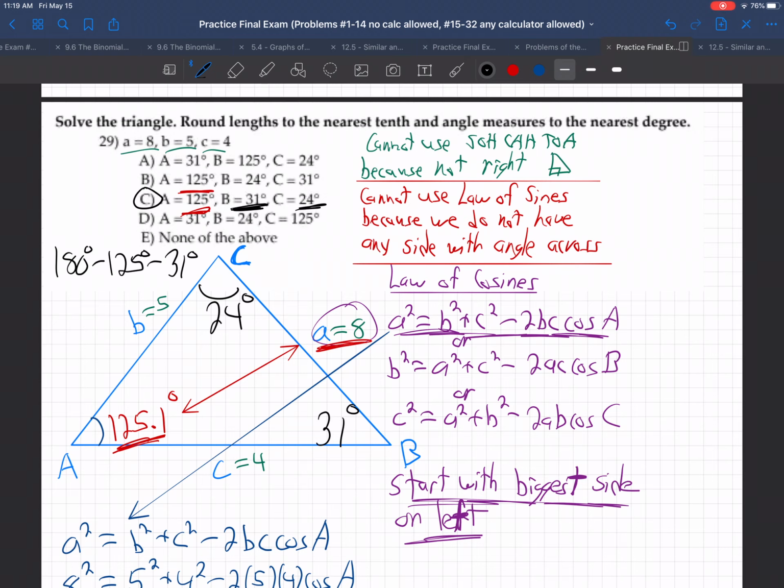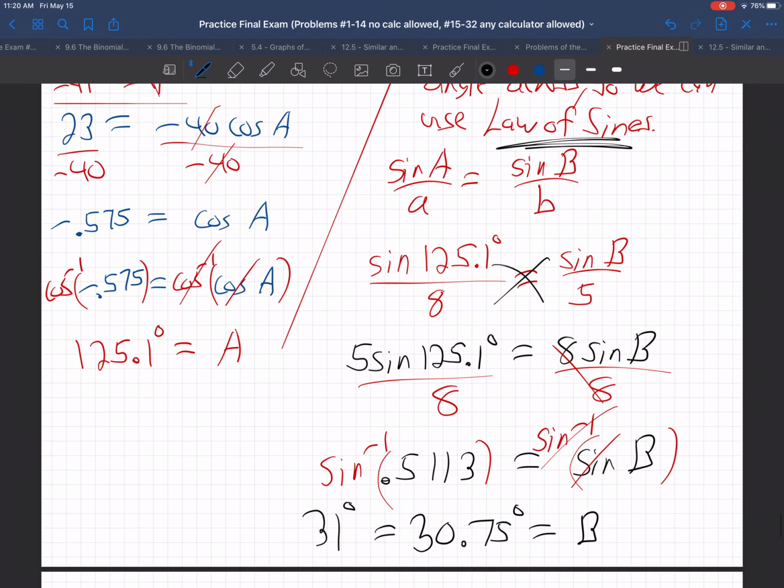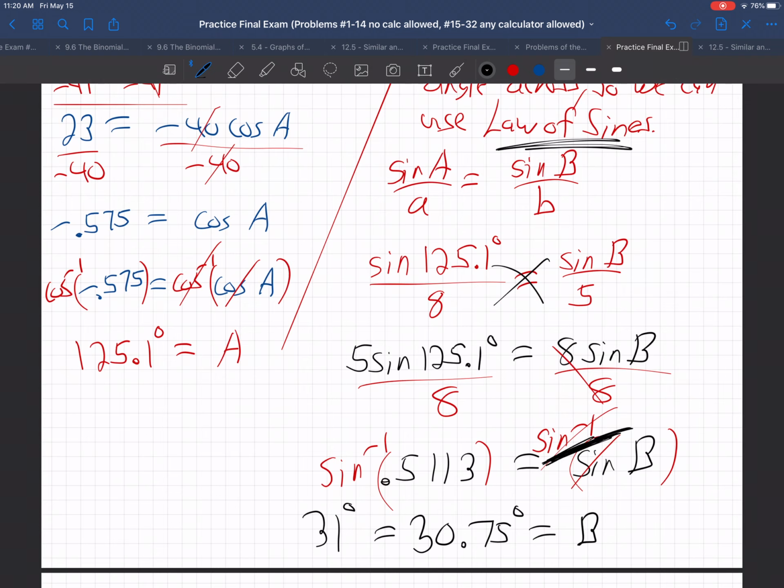Now, why was it important? I want to rehash real quick. Why was it important right here that when we do law of cosines, we start with the biggest side? Well, it's because of what happened down here with the law of sines. Whenever we use law of sines, specifically it's the sine inverse.